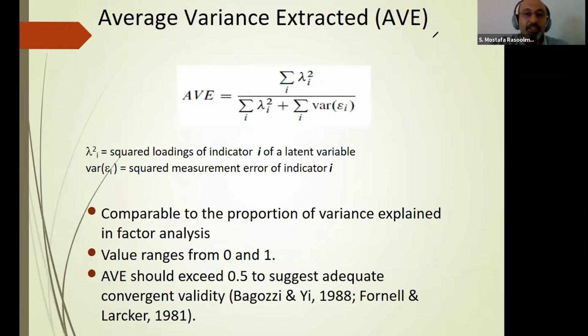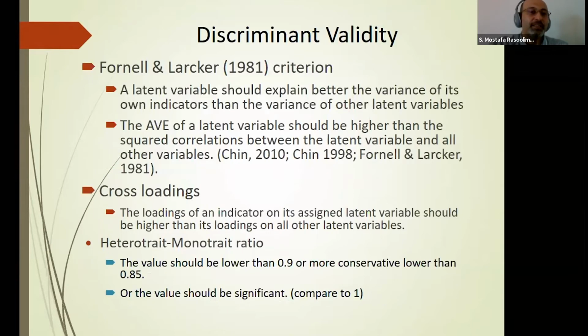But we have another type of validity that we need to check in the measurement model assessment step. And this is the discriminant validity. Discriminant validity is different from the convergent validity.